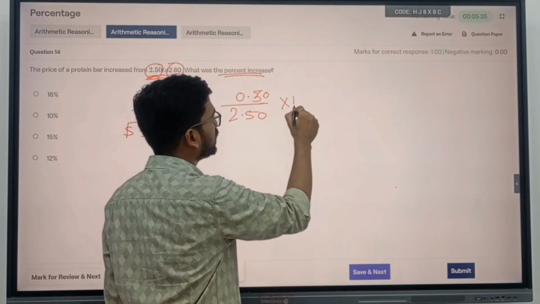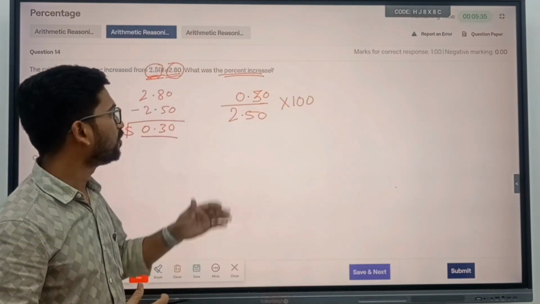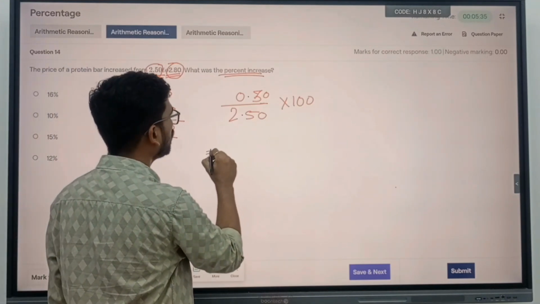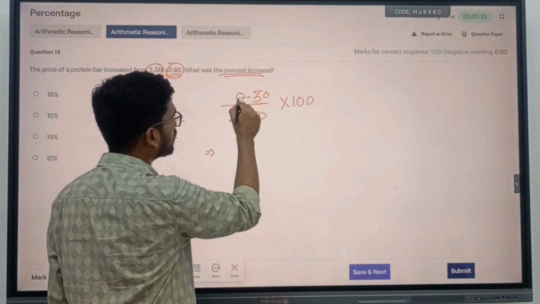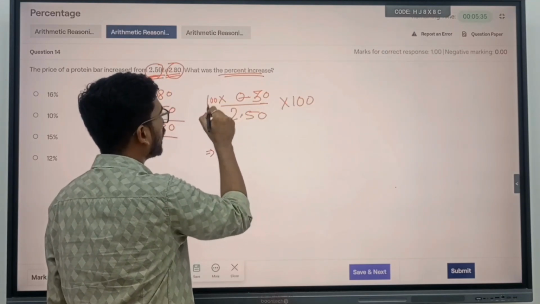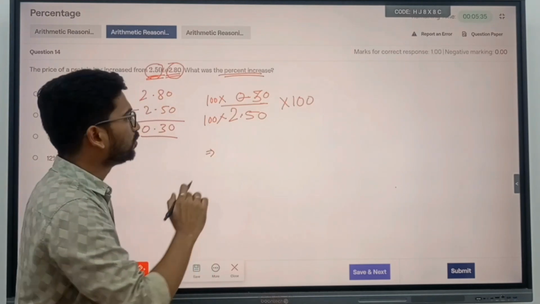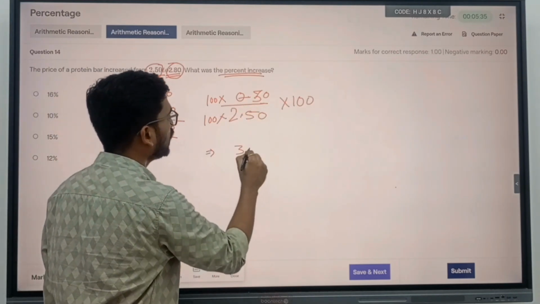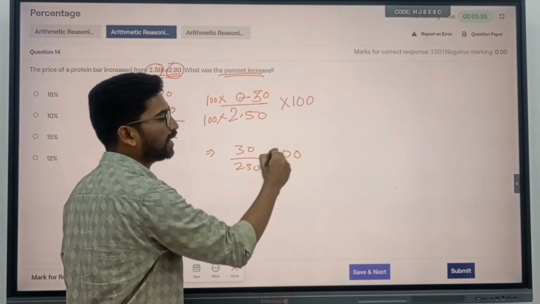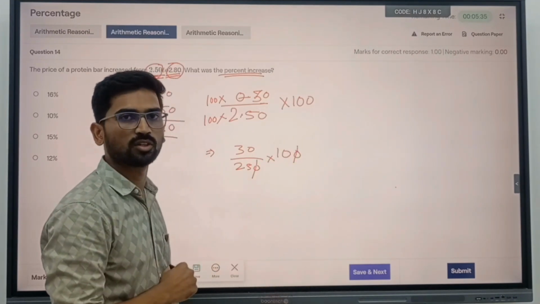Now what is percentage increase? Simply we will multiply this ratio with 100 as our previous cases. And when we solve this, we will get our answer. How to do that? Now we will try to cancel out these decimal points. To do that, we will multiply by 100 numerator and denominator as well. We will get 30 divided by 250 into 100 as it is. Now this 0 gets cancelled out with this 0.